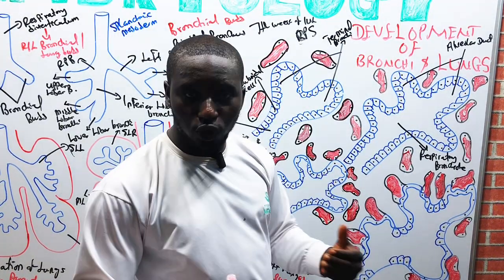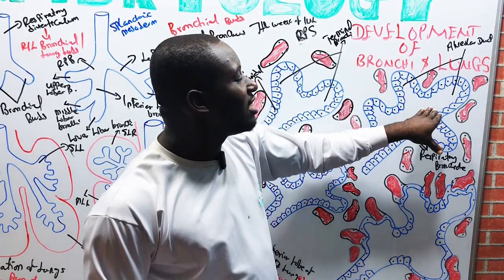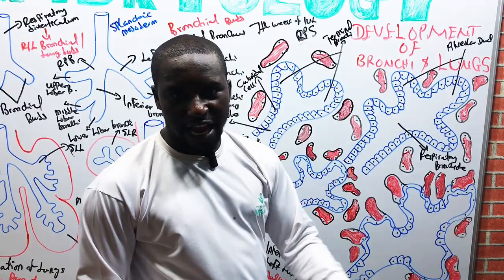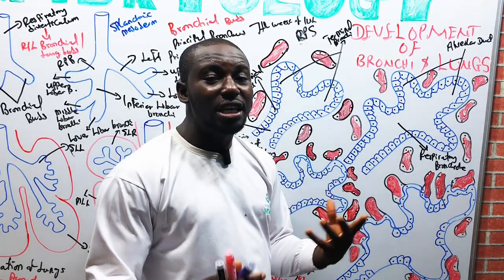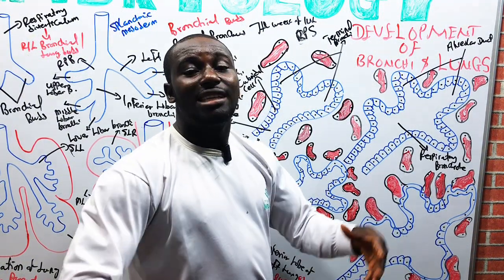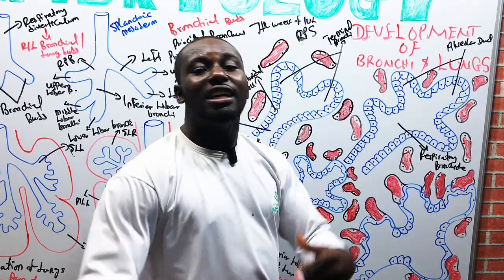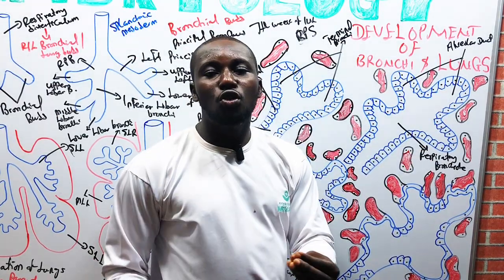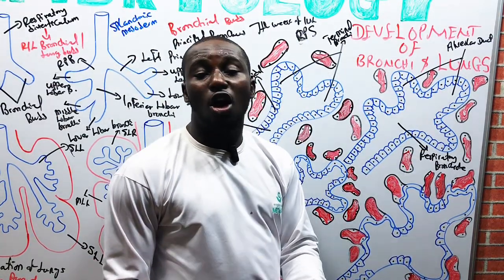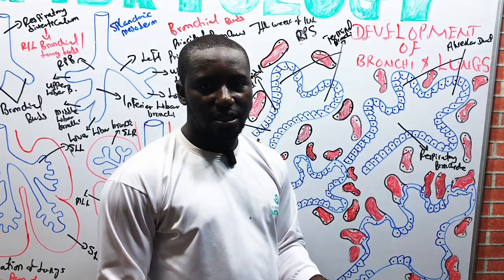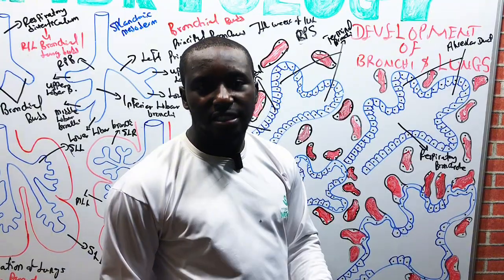So any fetus that is born in this stage of lung formation will rarely survive, because the baby will need to be in the ICU, the intensive care unit, right? It has to be in a pediatric intensive care unit, because as you can see, there are few primitive alveoli, that is the terminal sacs, where gaseous exchange takes place.